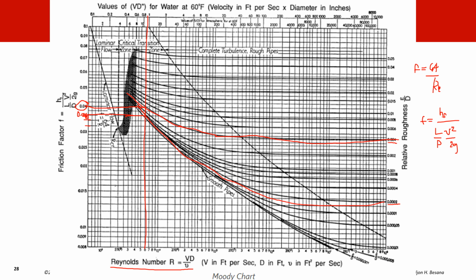So when using the Moody chart, we only need the relative roughness, which is always given, and the calculated Reynolds number. That is our Moody chart.